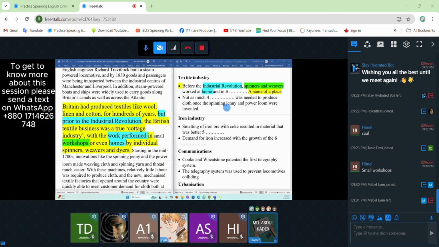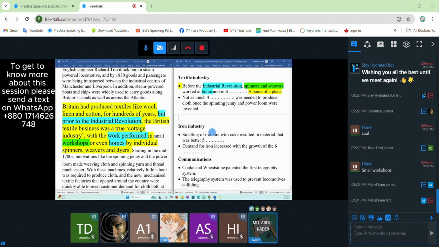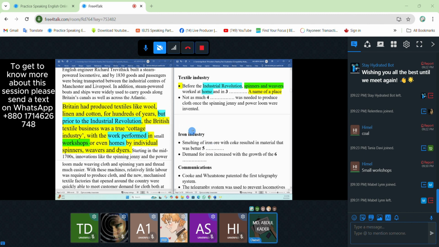Let's move on to question number 4. Not as much was needed to produce clothes once the spinning jenny and power loom were invented. So not as much. What could be a similar word for not as much?